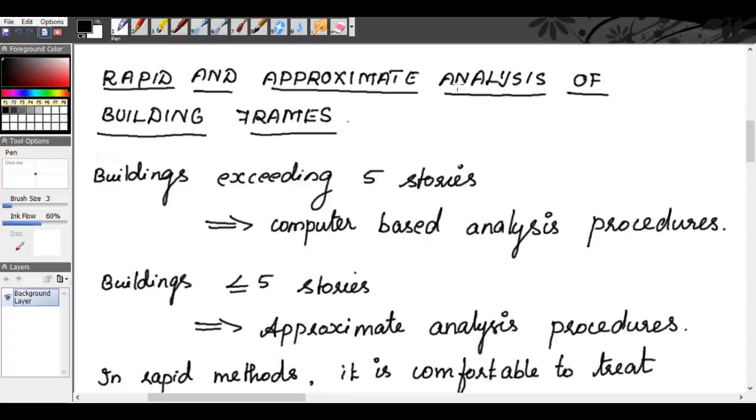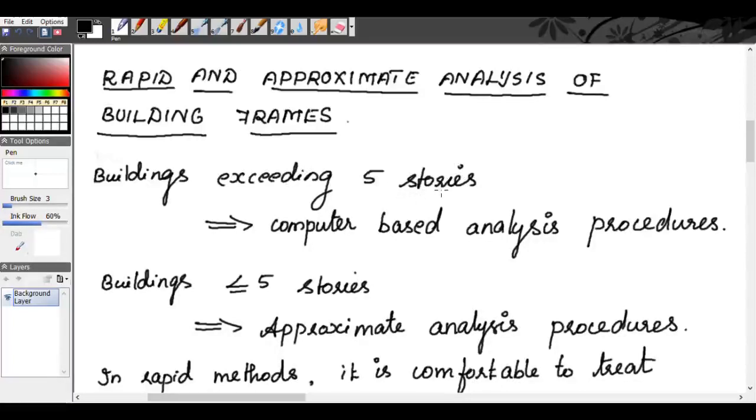And when we see buildings exceeding 2 stories, we normally adopt load-bearing wall constructions. And when the buildings exceed 5 stories, we go for computer-based analysis procedures.